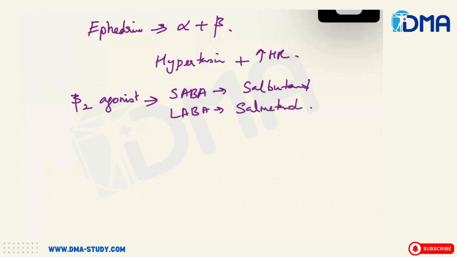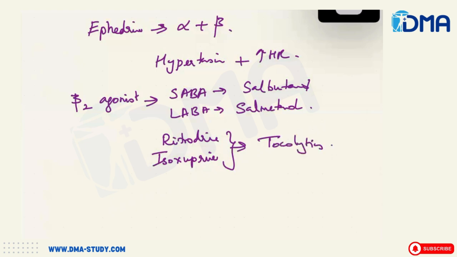Then ritodrine or isoxsuprine. These both are used as tocolytic agents in premature uterine contractions.